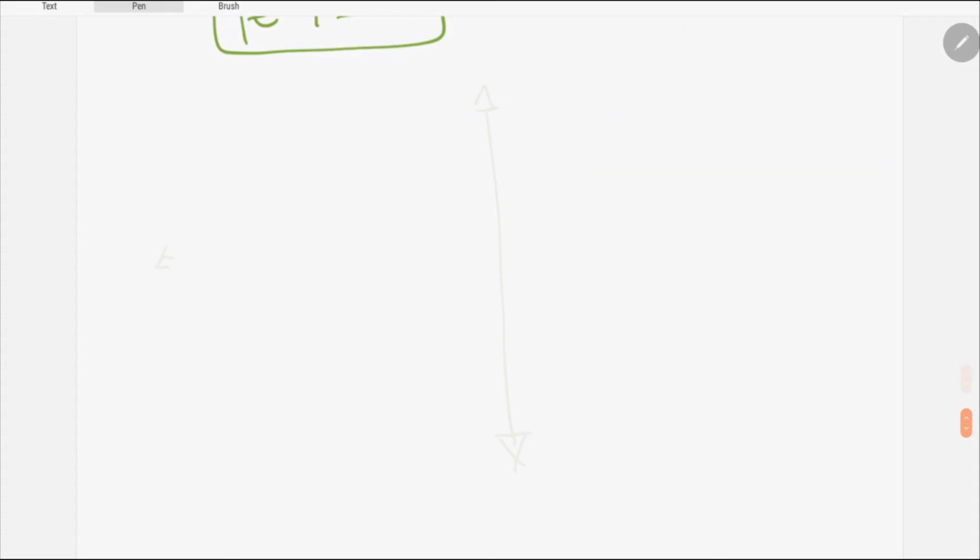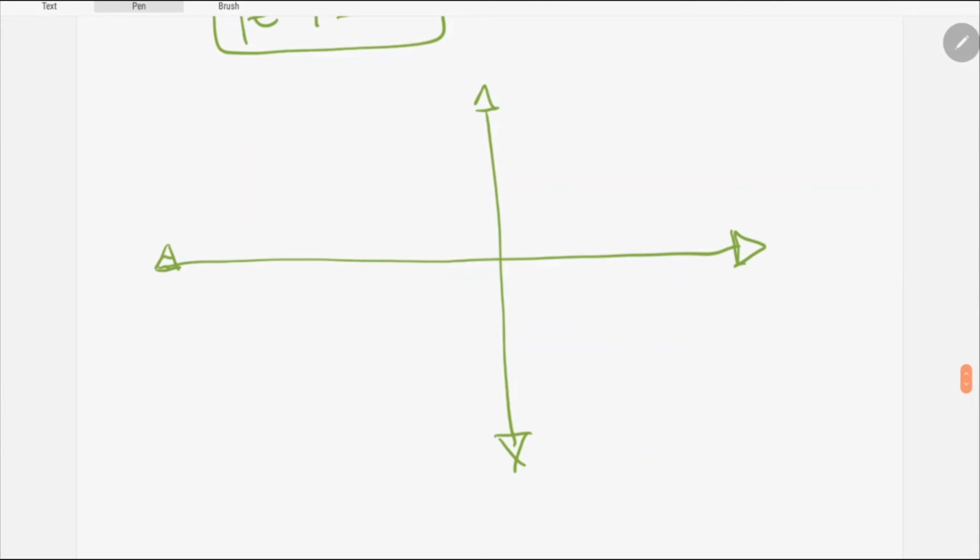So for magnitudes which are greater than or less than 1, like this, this can be tracked with e^(iθ), we know that. But if we want to increase or decrease the magnitude, we just multiply with a.